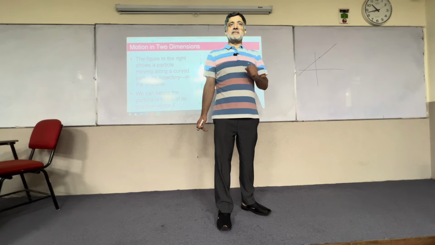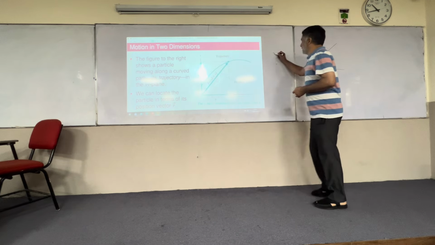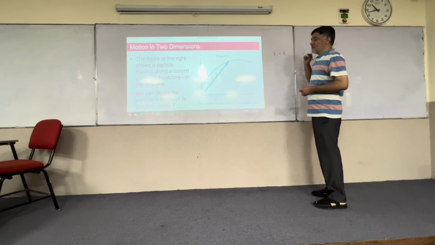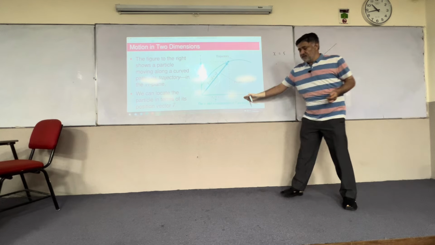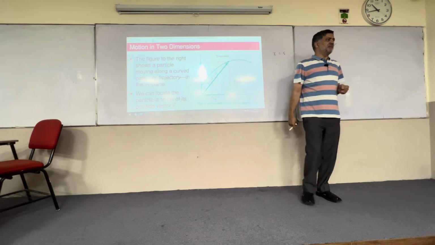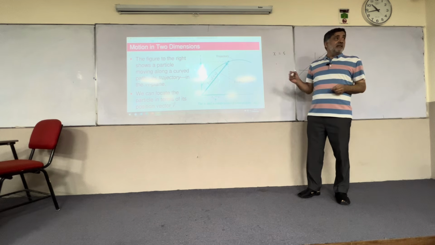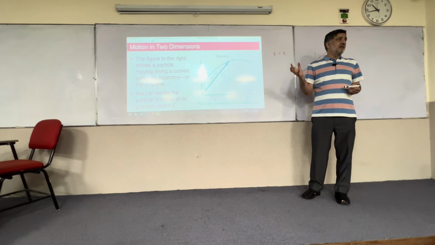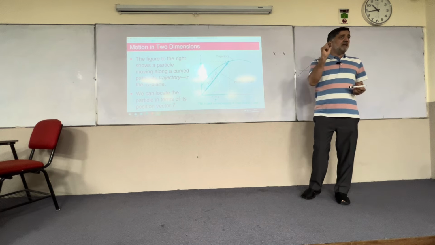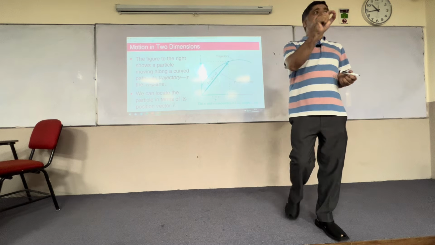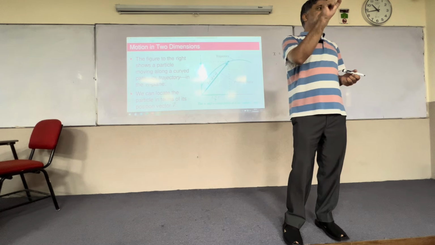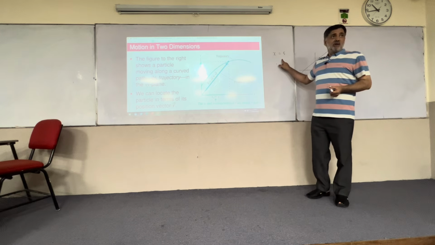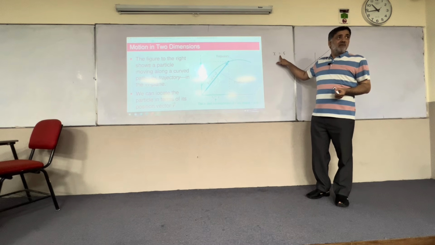So what that means is that even if you write something like x equals 5, in meters or centimeters or whatever, this doesn't mean that 5 is a value of x, because x is a coordinate. What this means is a state of motion where the position is 5. So the meaning of this equal sign is different.